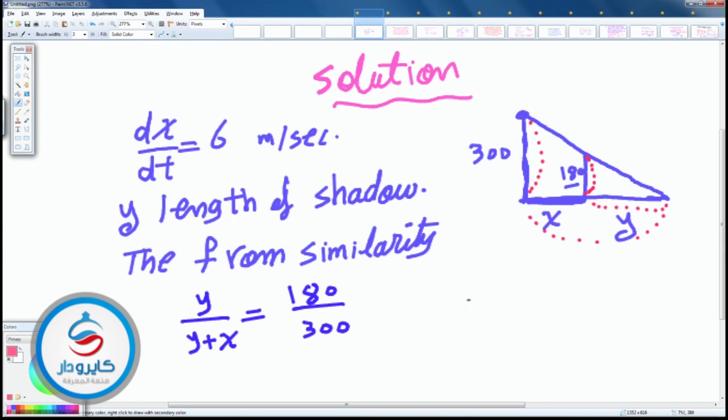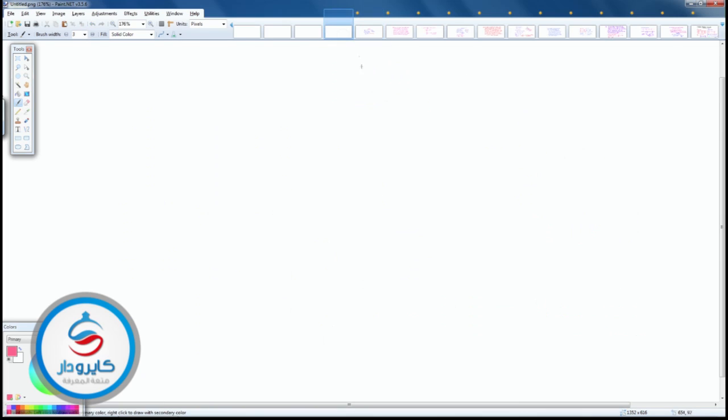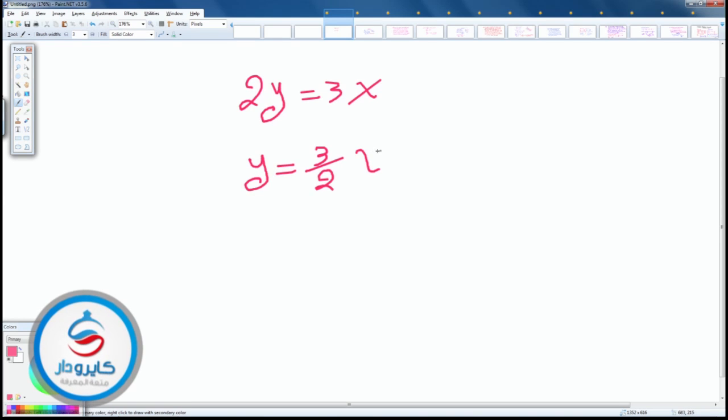By cross multiplication, we will have the relation: 5y equals 3x plus 3y, we will get that 2y equals 3x. So y equals 3 over 2 x.